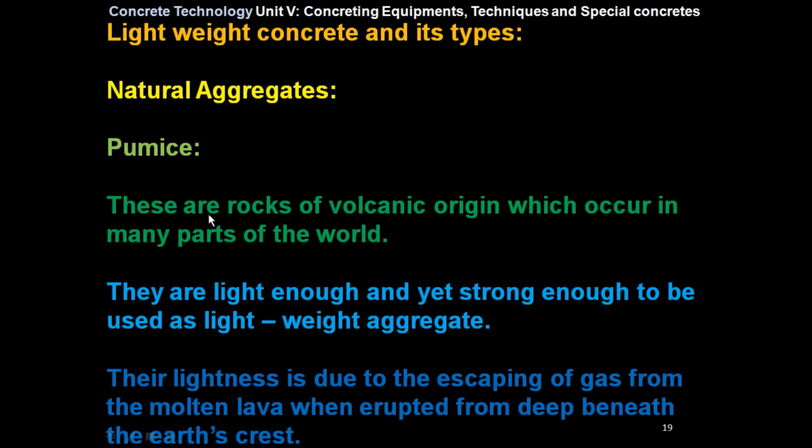These are rocks of volcanic origin which occur in many parts of the world. They are light enough and yet strong enough to be used as lightweight aggregate. Their lightness is due to the escaping of gas from the molten lava when erupted from deep beneath the earth's crust.